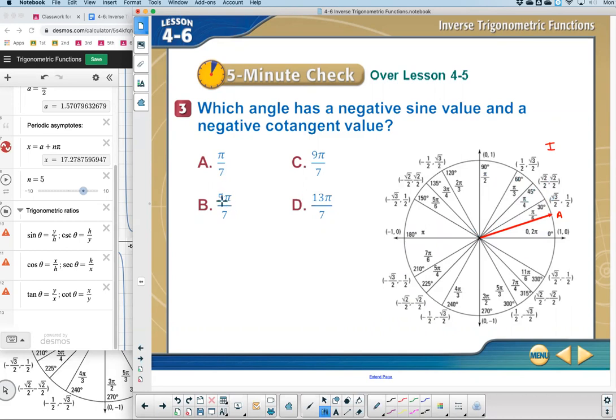5 pi over 7, that's more than 1/2. So think about anything divided by 7. Half of 7 is 3.5. Since 5 is bigger than 3.5, this is past half a pi, but yet 5 is not as big as 7, so it's less than 1 whole pi. So it's somewhere located in here. If I were going to do my best dividing, I'm getting like 0.7 and some change.